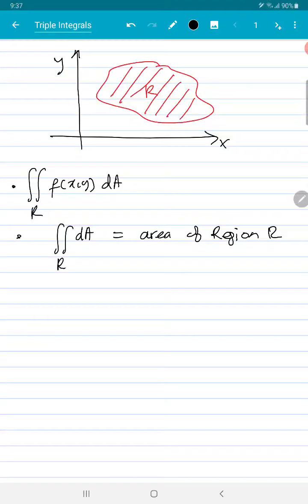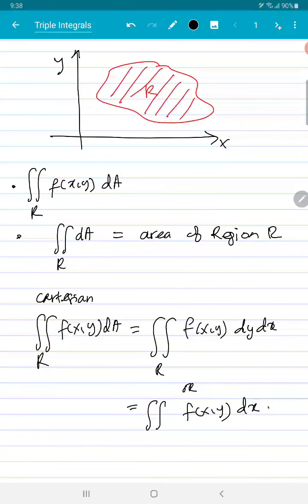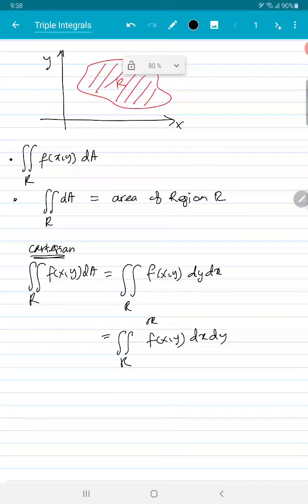And of course, in double integral we have 2 coordinates. One is Cartesian. So for Cartesian, f(x, y) dA over region R can be evaluated by evaluating the double integral using dy dx, or the order can be done as dx and then dy. That is in Cartesian. But of course we have another coordinates in polar.